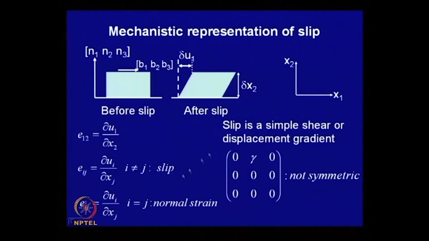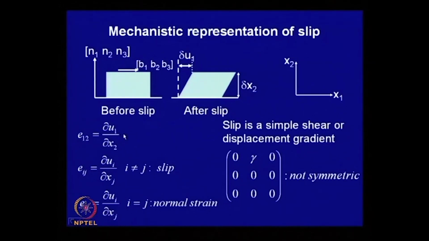Now, the slip is a simple shear process, and it will have a displacement gradient which will be represented like this. So, slip has taken place only on one slip plane. So, only one shear deformation, and the magnitude of this is gamma.